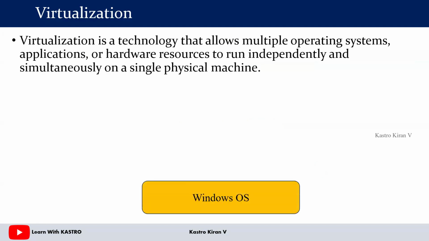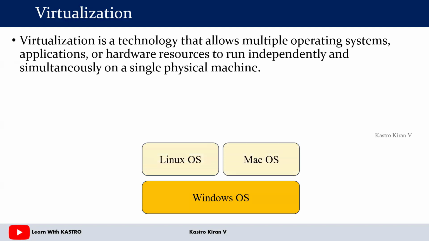Let's say I have a Windows-based operating system, which we usually have in our laptop. Now, I have developed an application in the Windows-based operating system. My intention is to check the compatibility of the application, which is developed on the Windows-based operating system. In order to check the compatibility, I need to have other types of operating systems, such as the Linux operating system and Mac operating system.